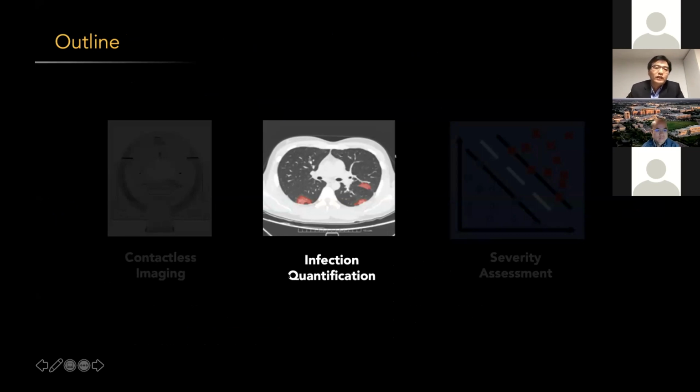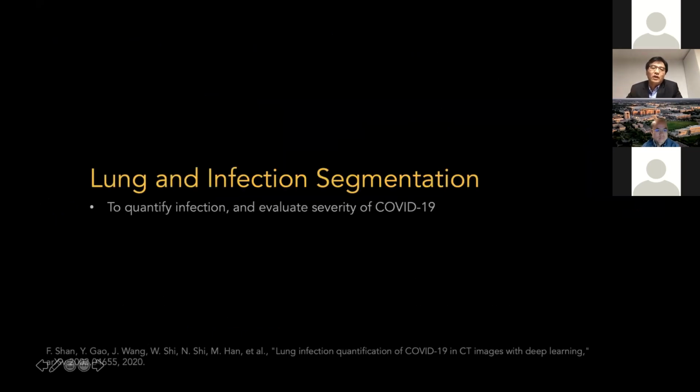So after talking about acquiring images, I'm going to talk about how AI can be applied to quantify infections in the scanned images. Think about when patients are still on the table of the scanner and you acquire the images. At that time, we needed to segment infections in this way.